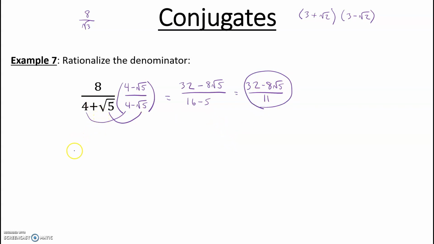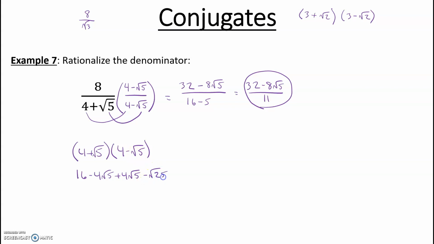Again with this, technically you would FOIL. I just want you to see the stuff canceling out. If you FOIL this out, you'd have 4 times 4 is 16, 4 times negative root 5 is negative 4 root 5, root 5 times 4 is 4 root 5, and root 5 times negative root 5 is negative square root of 25.